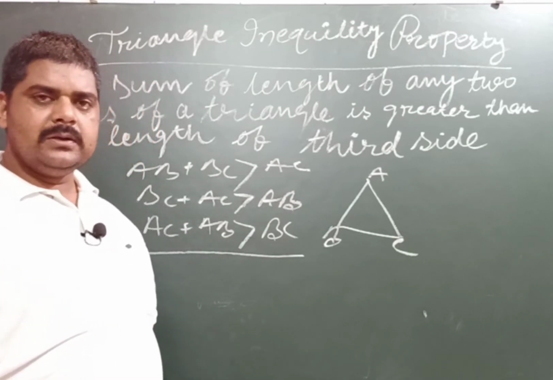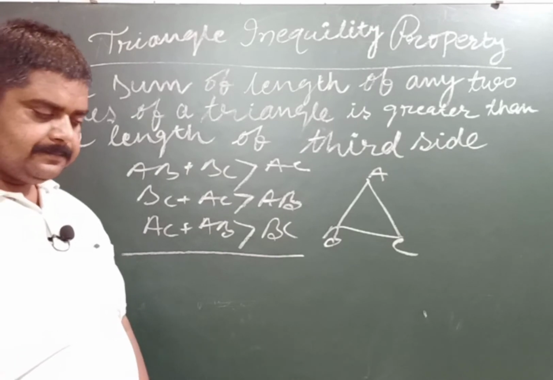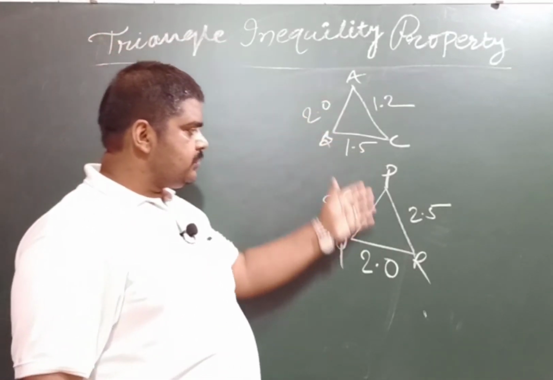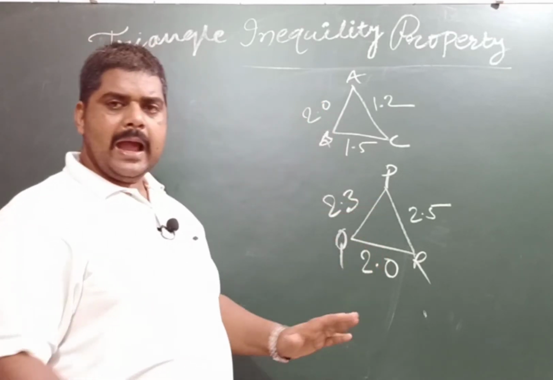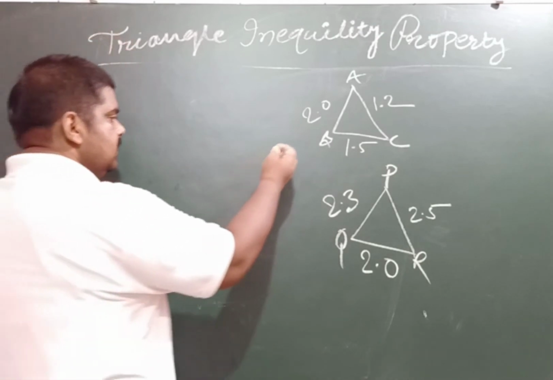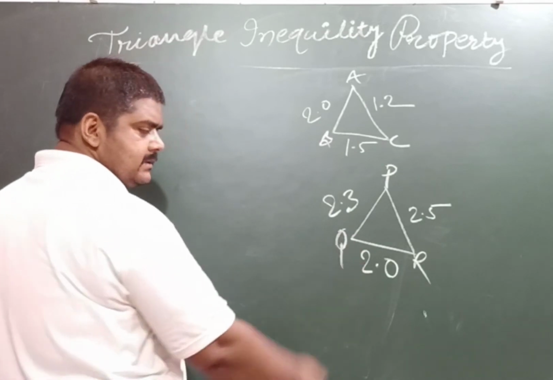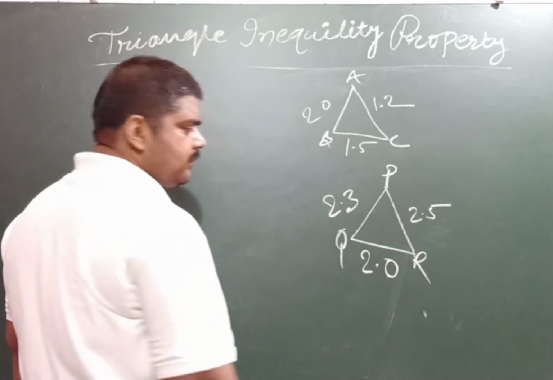For example, I have taken two different triangles, ABC and PQR, and their side lengths are given: 2 unit, 1.5 unit, 1.2 unit, and in the other 2.3 unit, 2 unit and 2.5 unit.